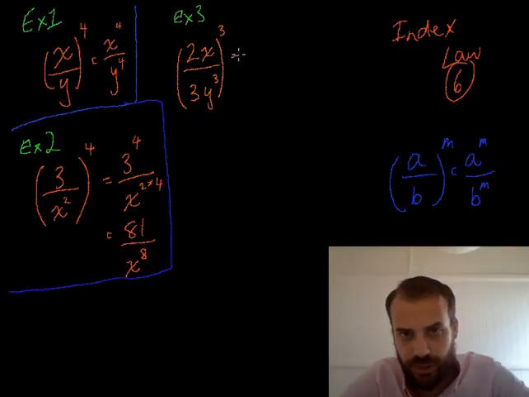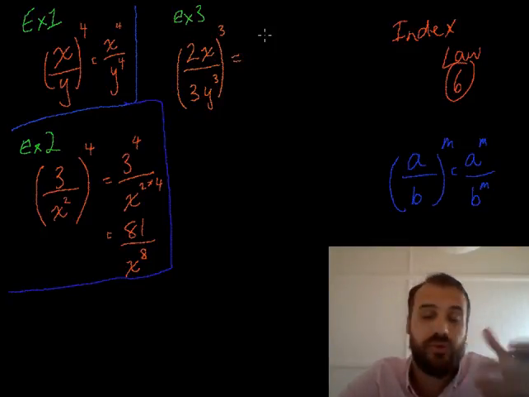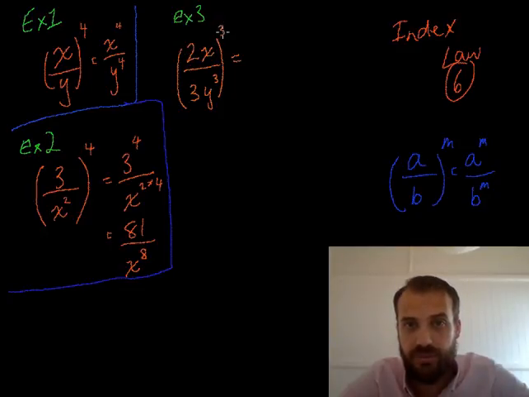Alright, just trying to push this question to its limit. This is a combination of index laws 4, 5, and 6. (2x) to the power of 3 over (3y cubed) to the power of 3. Now we've got to do the top first. So that's going to be 2 to the power of 3, but it's also going to be x to the power of 3, because these are in brackets and they're both being raised to the power of 3.